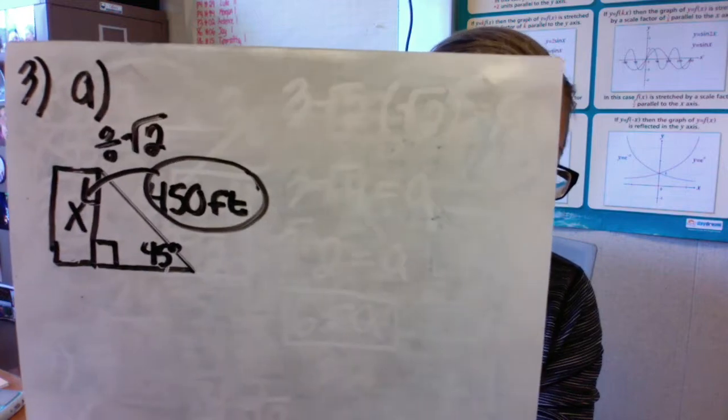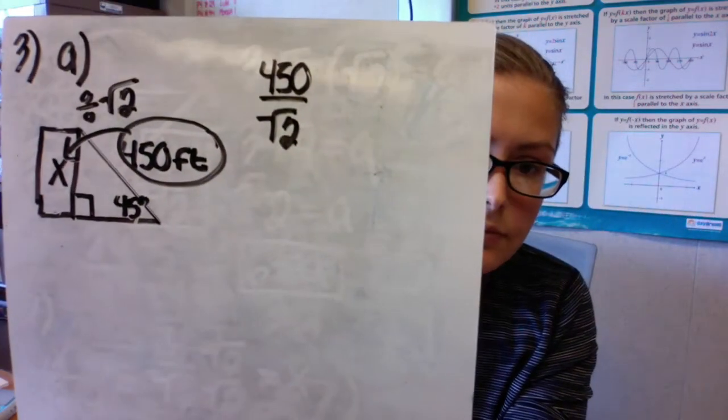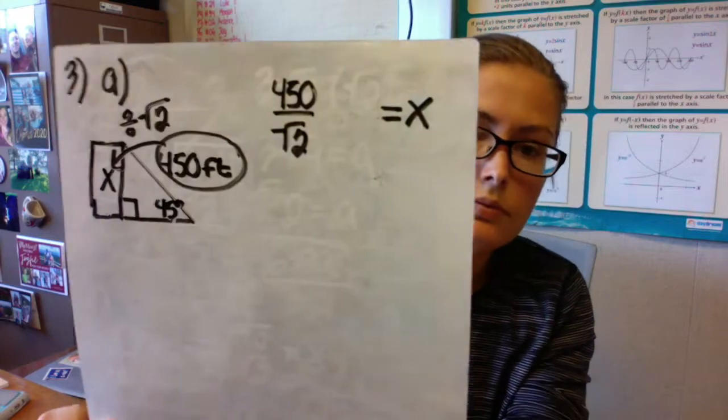So to get from the 450 feet to the x, we need to divide by radical 2. So 450 divided by radical 2 is equal to x.